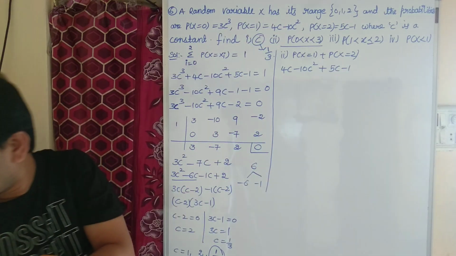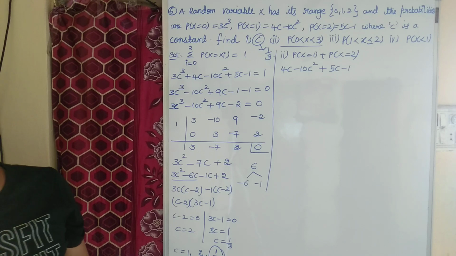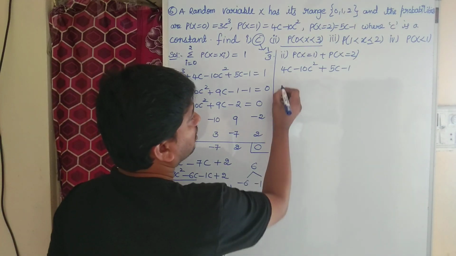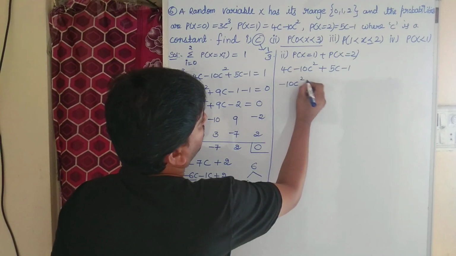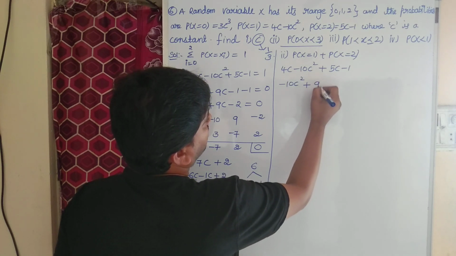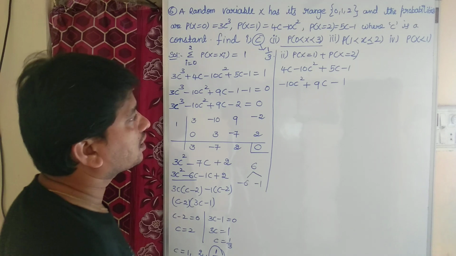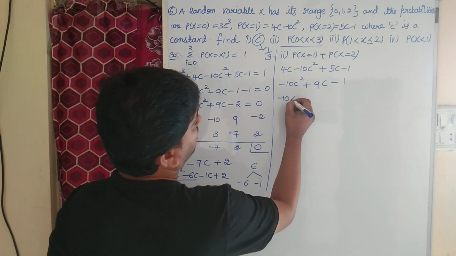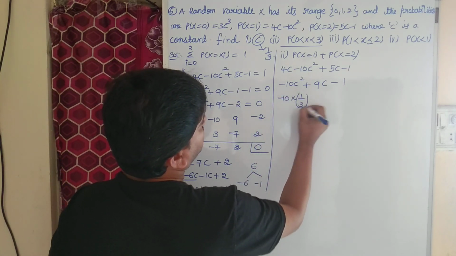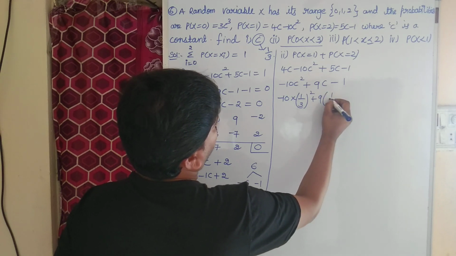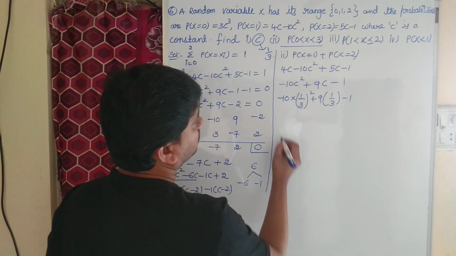Children, did you understand? x equal to 1 and x equal to 2. Okay. Minus 10c square, 4c plus 5c, 9c minus 1. What is the value of c? Substituting the c value: minus 10 into 1 by 3 whole square plus 9 into 1 by 3 minus 1.